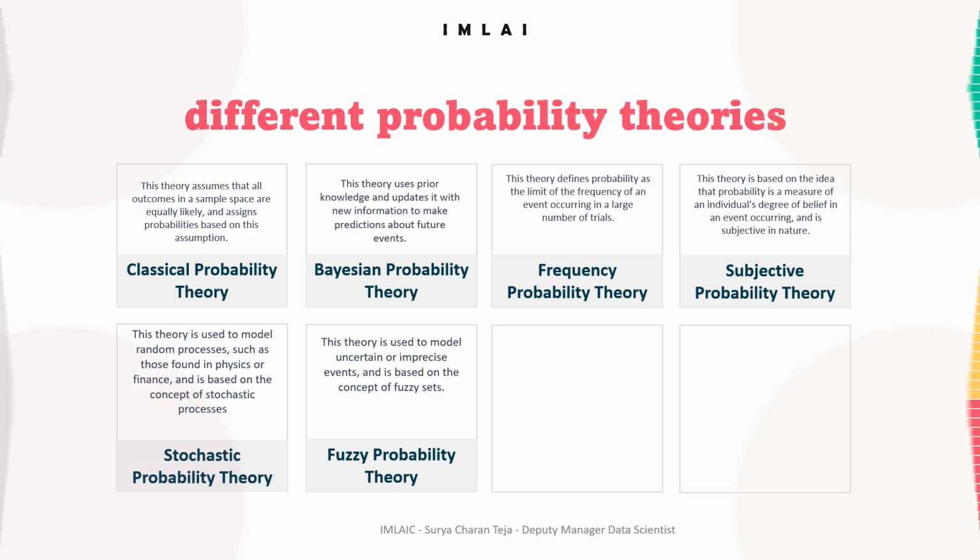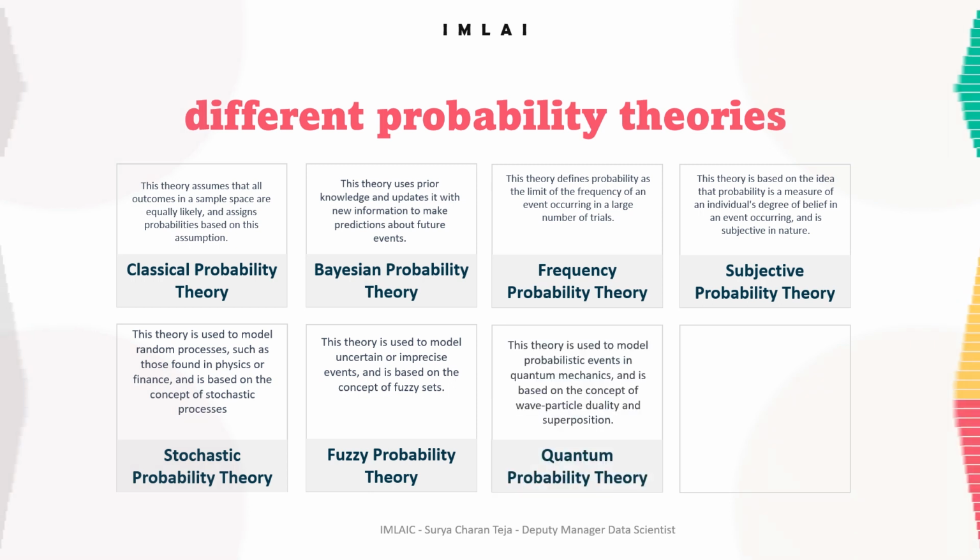So assessing the likelihood of a car accident occurring at a certain intersection based on factors such as weather conditions, traffic volume, and road quality, which may be imprecise or uncertain. This is the best example for fuzzy probability theory.